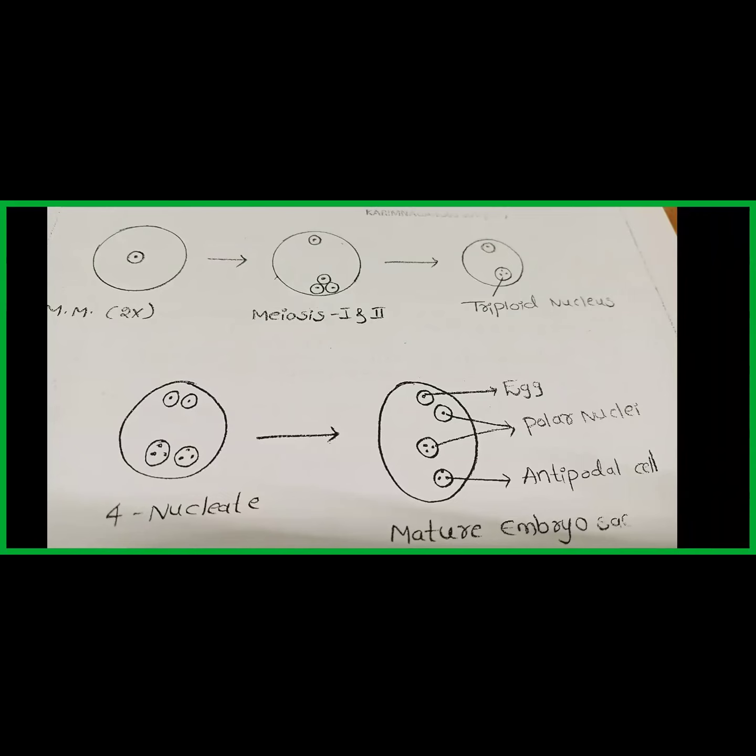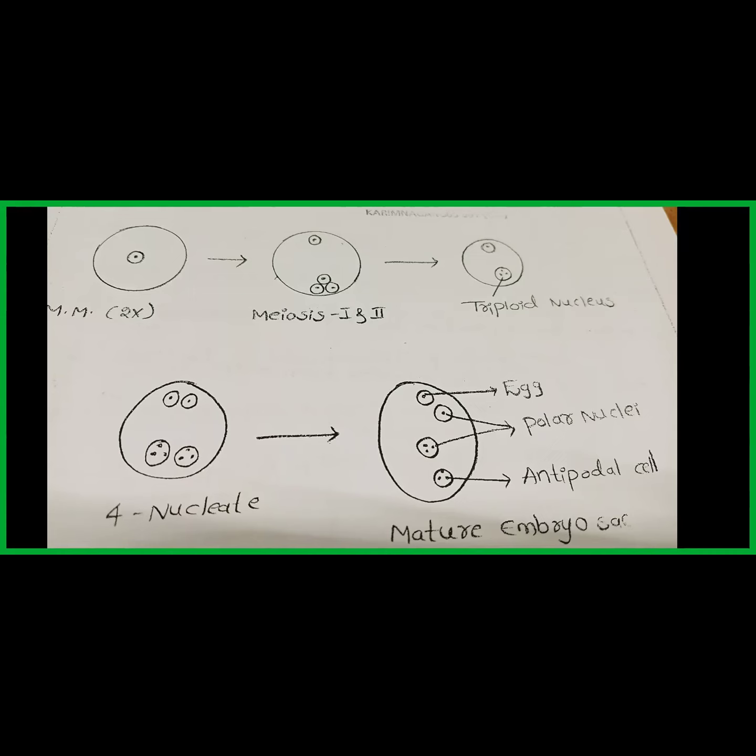So where do we observe the triploid? Only in Fritillaria and Plumbagella. So what is the difference between Plumbagella and Fritillaria? In Fritillaria, 2 mitotic divisions are there and totally 8 nuclei are formed. But in Plumbagella, only 1 mitotic division is there and 4 nuclei are formed.